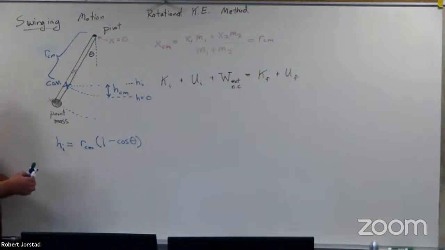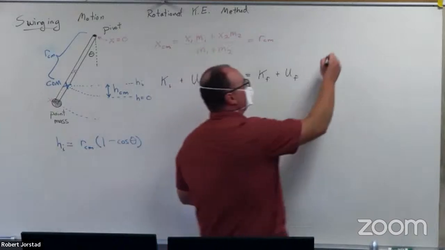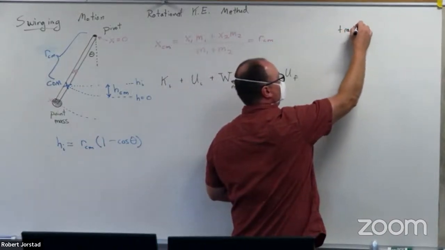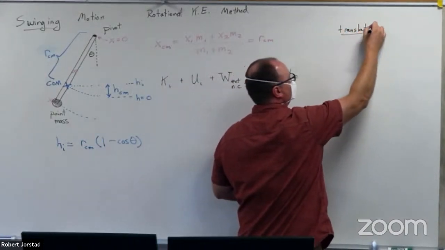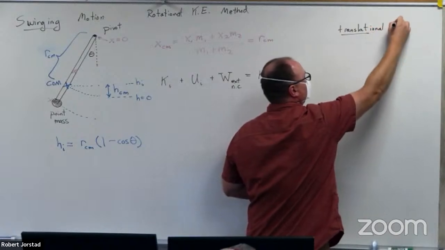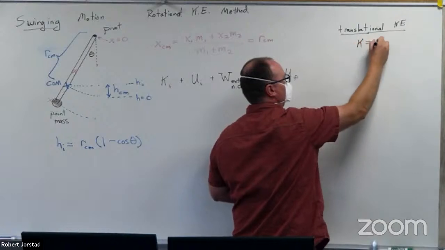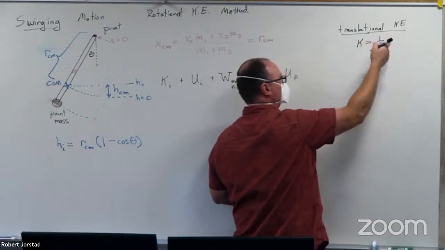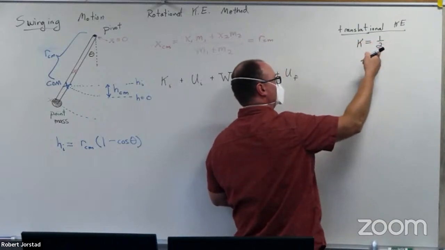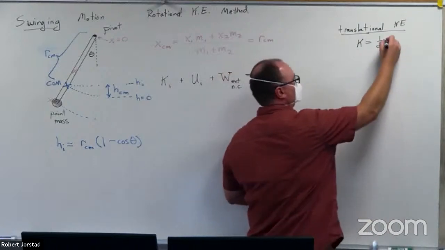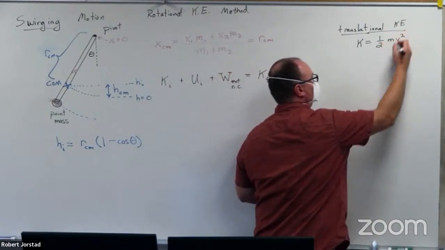Well, let's remind ourselves for translational kinetic energy, what was the formula for kinetic energy? K equals 1/2 mv squared. That was our old formula.